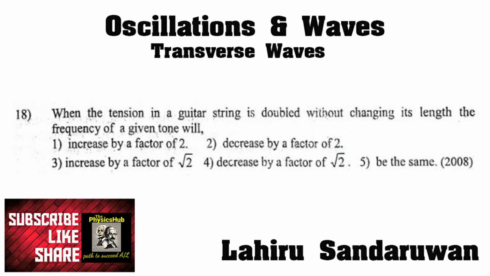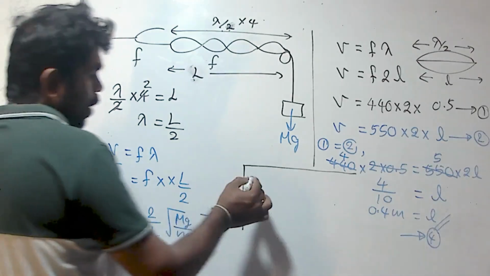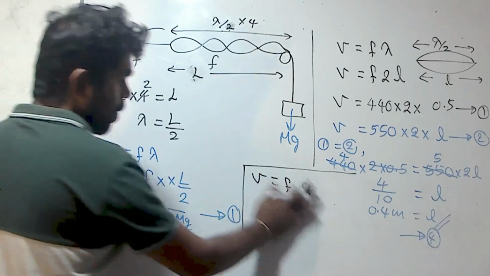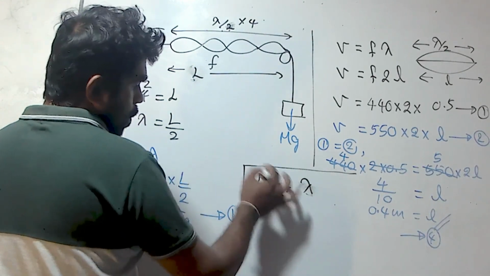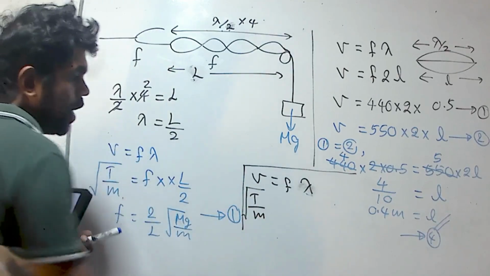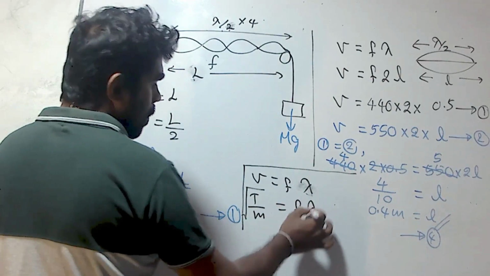When the tension of a guitar string is doubled without changing the length, the frequency of the tone will be... We can use V equals f lambda. Velocity of wave in the string, square root of tension over linear density, equals f lambda.